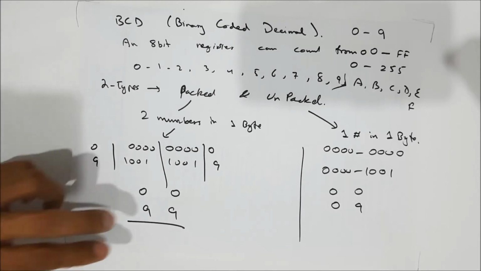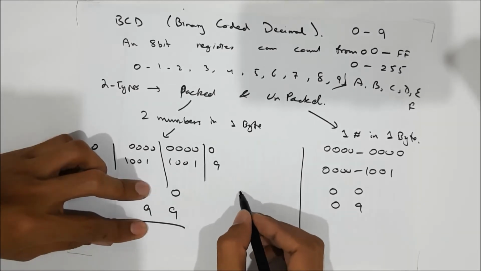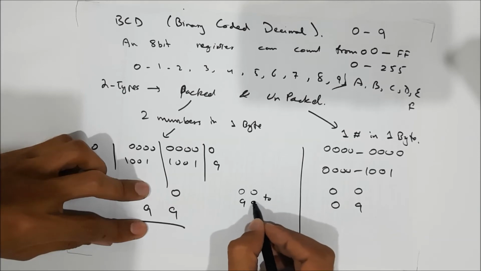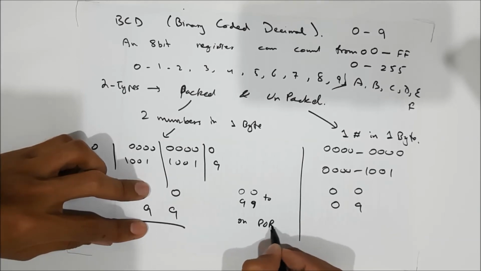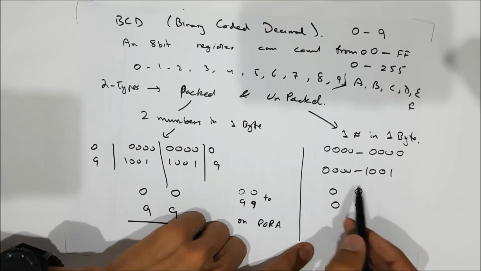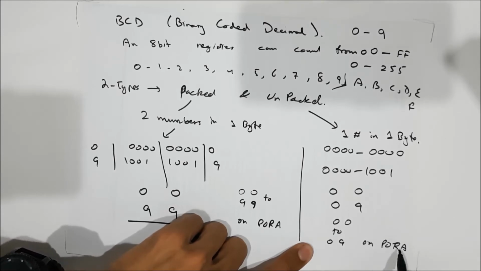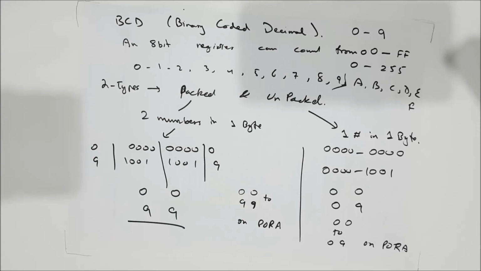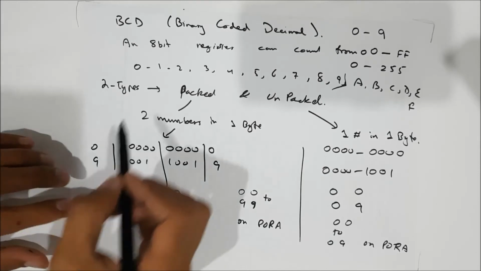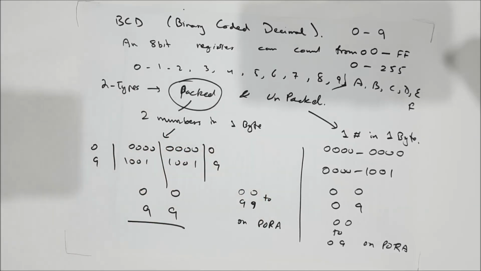For example, we can display 00 to 99 on port A, whereas in this case we can display only 00 to 09 on the full port A. The rest of the 4 pins are wasted. So we don't want that. We already have a very limited number of physical input outputs, so we don't want to waste any single pin. That's why we will use packed BCD numbers, and we will prefer to use them in our applications.